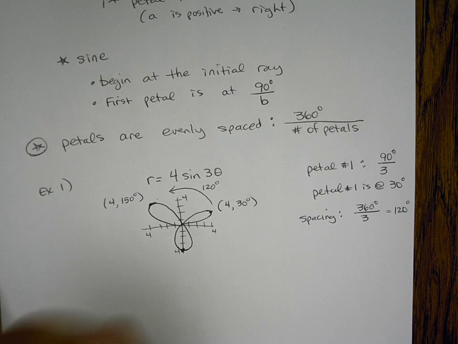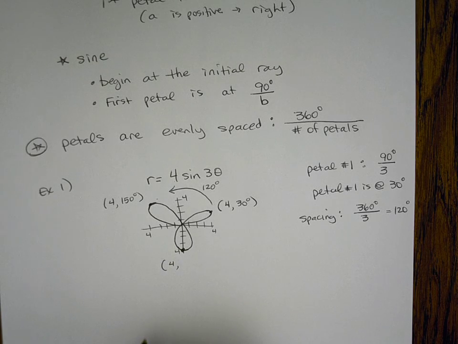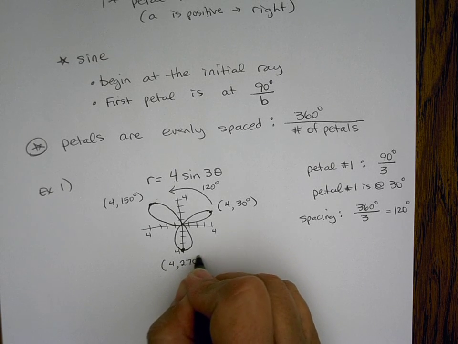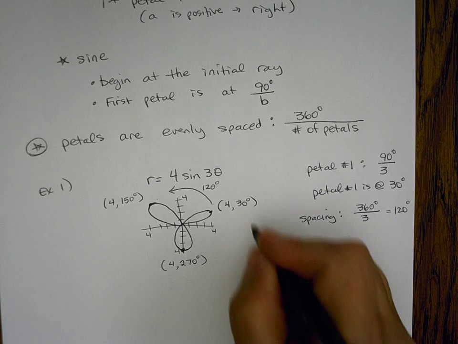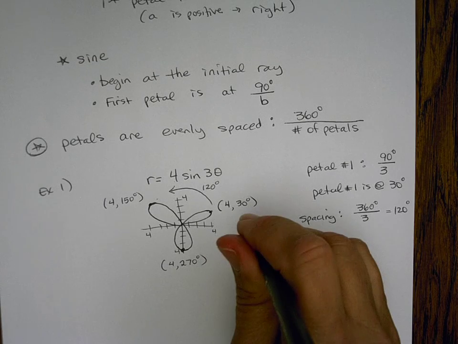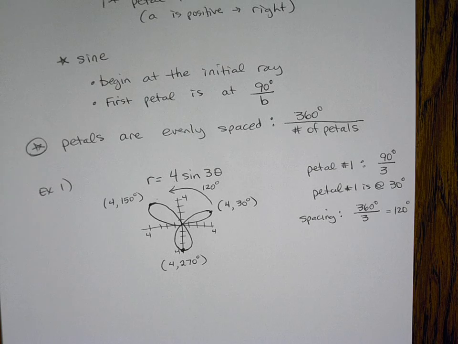And if I go another 120, then I have what? 270. And another 120, I'm at 30 in a coterminal. So you just keep going back and forth.